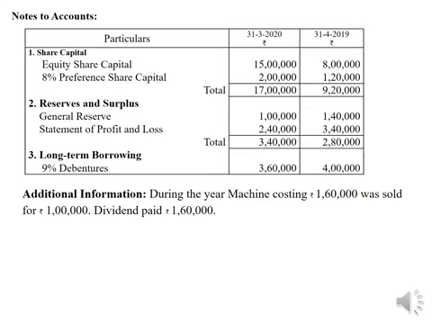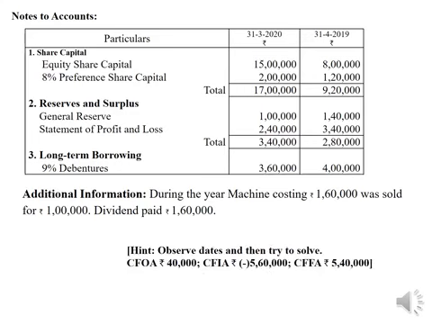Notes to accounts are also given. Three types of notes are given on share capital, reserves and surplus and long-term borrowings, and additional information is also given. Try this. So hints, observe dates and then try to solve. Dates are reversed here, so you have to consider them in reverse order.